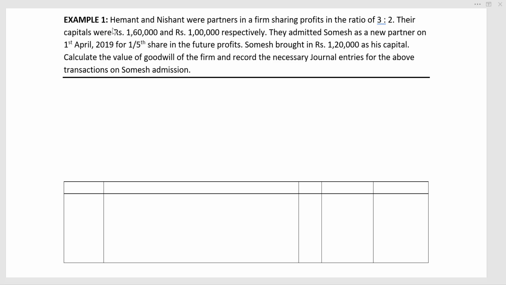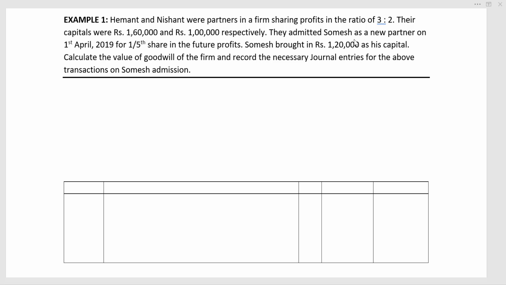Example 1. Hemant and Nishant were partners in a firm sharing profits in the ratio of 3:2. Their capitals were rupees 1,60,000 and rupees 1 lakh respectively.